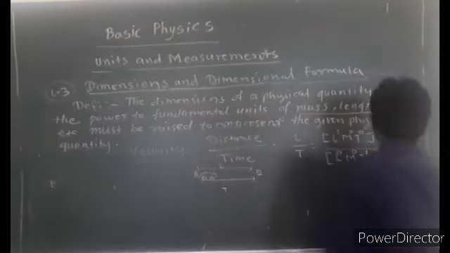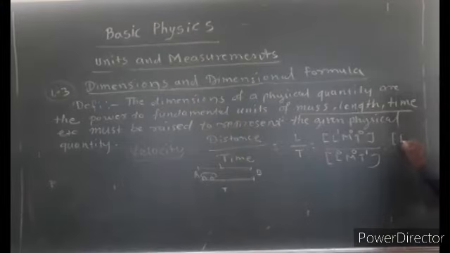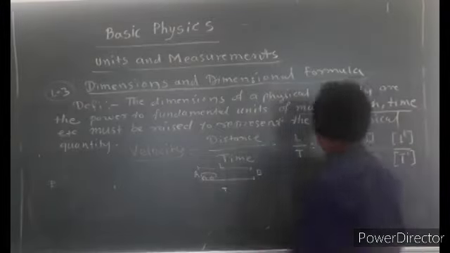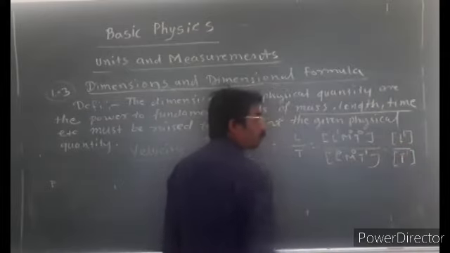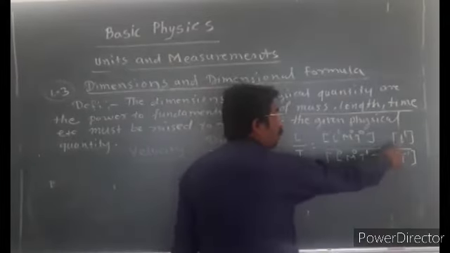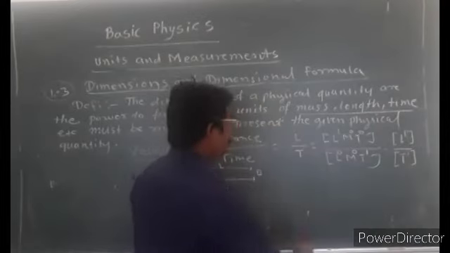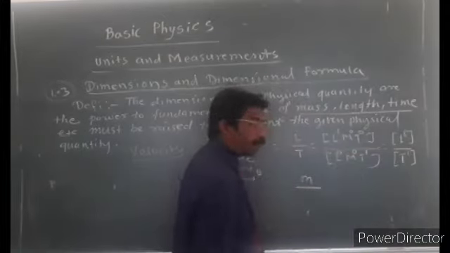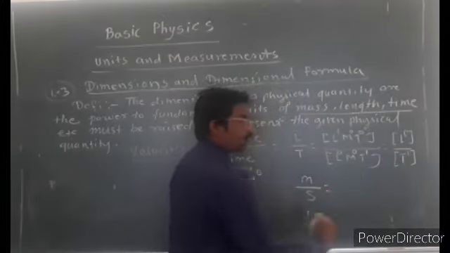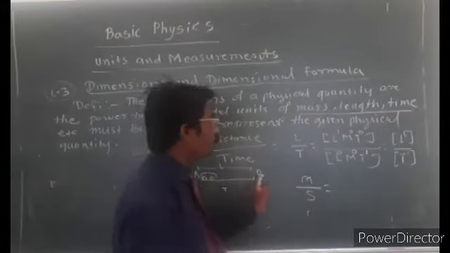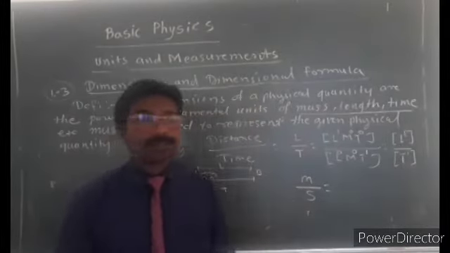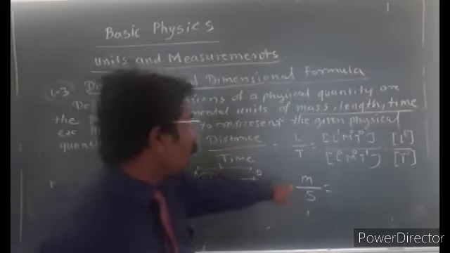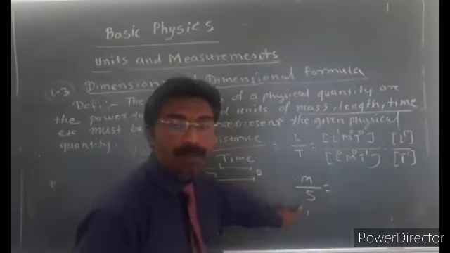So what will be the resultant dimension? The resultant dimension will be L1 T1 inverse. What is the fundamental unit of length? We know that it is the meter. What is the fundamental unit of time? Second. So what will be the SI unit of velocity? It would be meter per second.